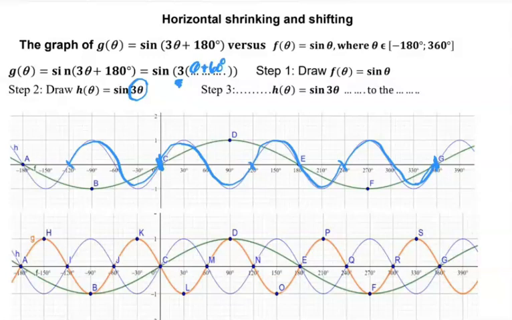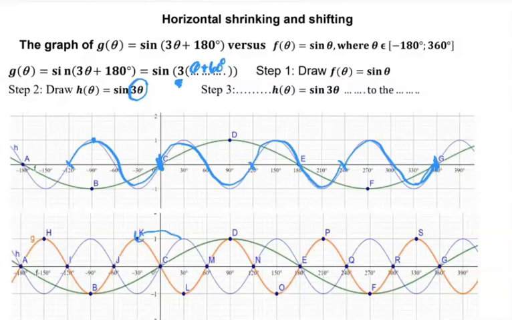Now I have to do the shifting part. So that means that each and every value here, because it's plus 60, I have to move to the left. So that point must now go 60 degrees to the left. And I've shown it here with the orange graph. So if I look at plus 30 here and I move 60 to the left, then I get K value.